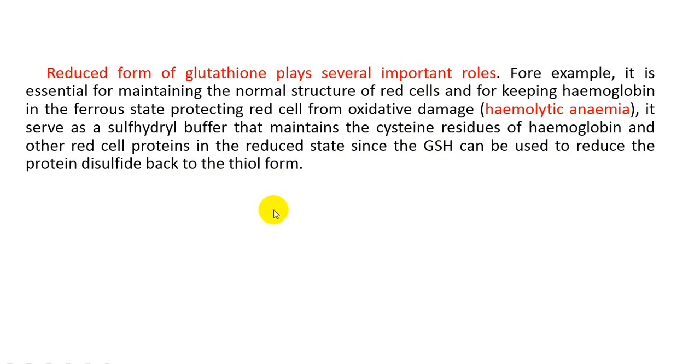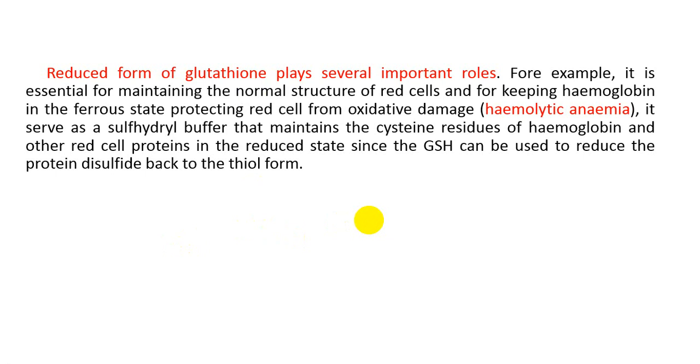Therefore, any oxidized cysteine, S bond S, will be converted in the presence of GSH to a cysteine residue whose side group is a thiol group. This is the second function of the reduced form of glutathione.